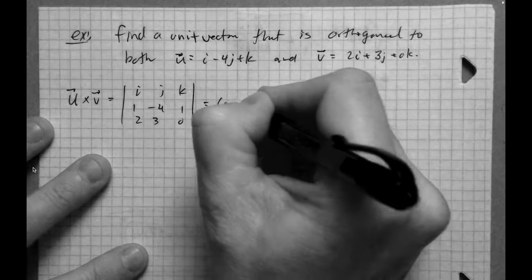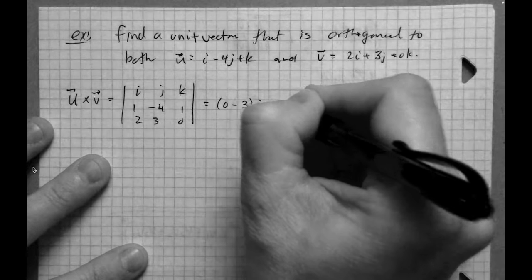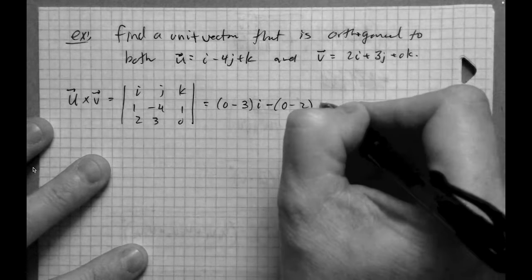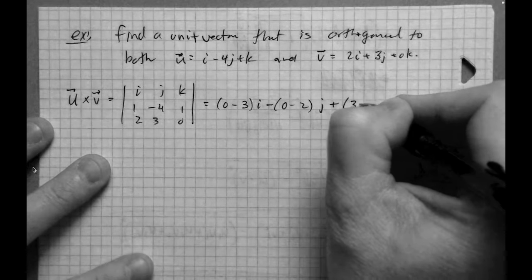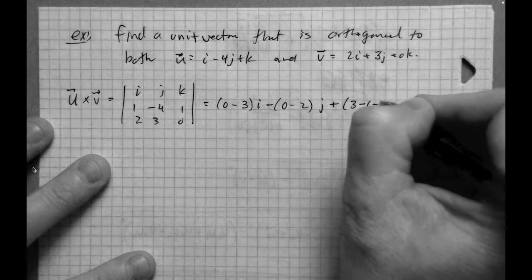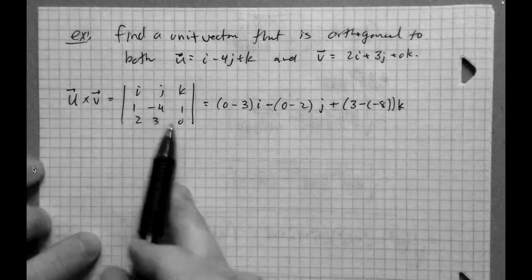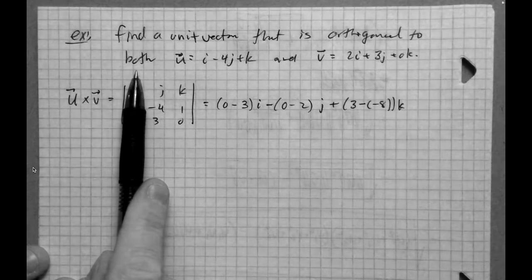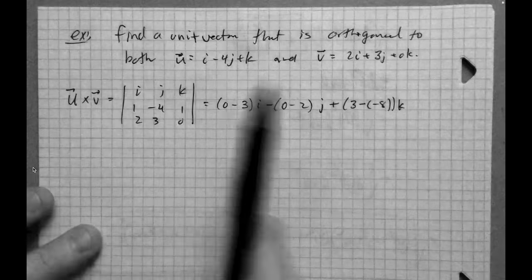Okay, so you get 0 minus 3i minus 0 minus 2j plus 3 minus -8k. Right, so again, just kind of going through here and crossing that out, and then crossing that out for the middle component, and then crossing that out for the third final component.